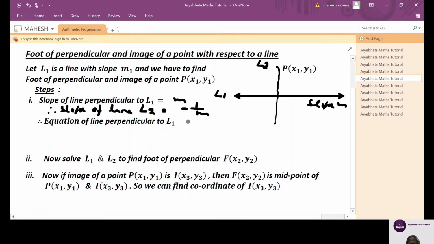Therefore, the equation of the line perpendicular to L1 from x1, y1 will be y minus y1 is equal to minus 1 upon m into x minus x1. Suppose this is the equation of L2.